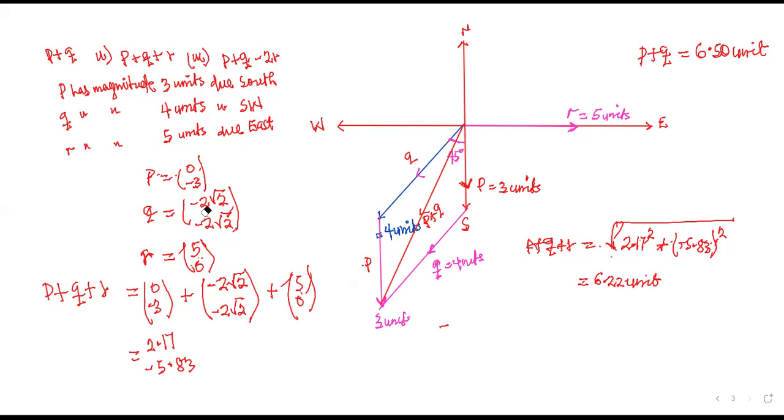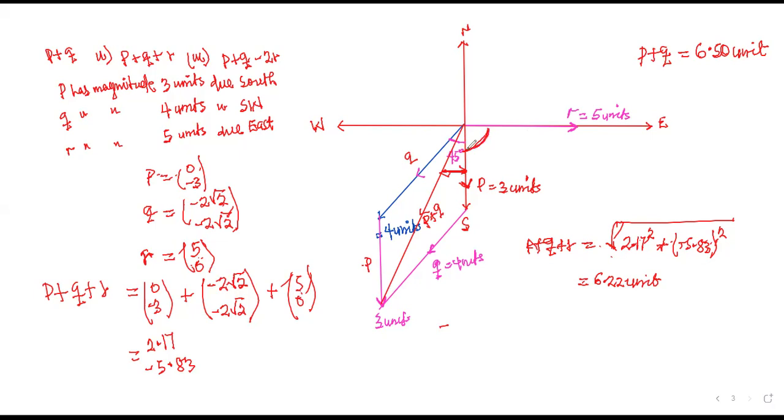We should have determined this small angle here. If we calculate this small angle, the angle the resultant makes with P, then we can add that to 90. And that will give us the angle between R and P plus Q. I hope you understand what I'm saying.